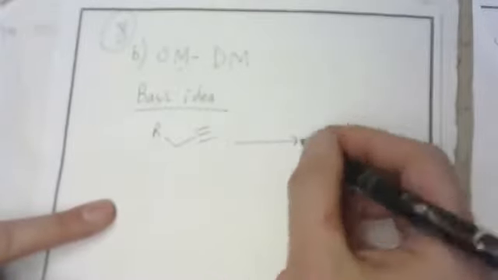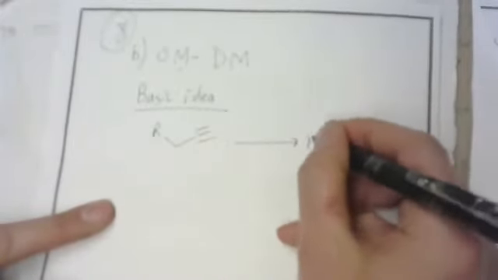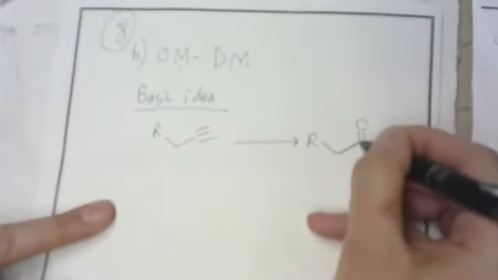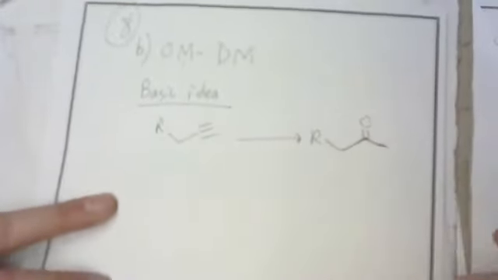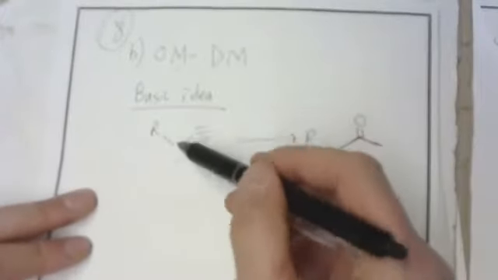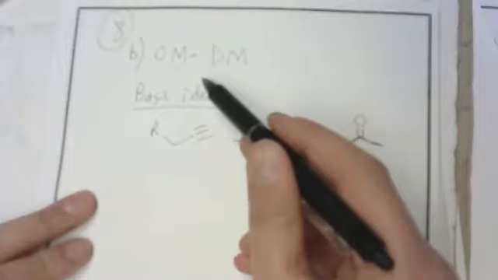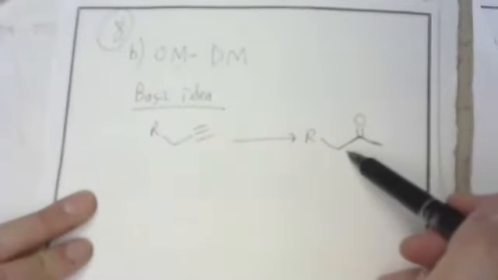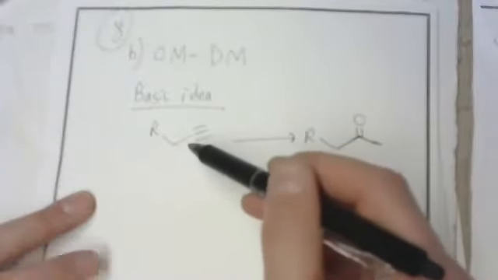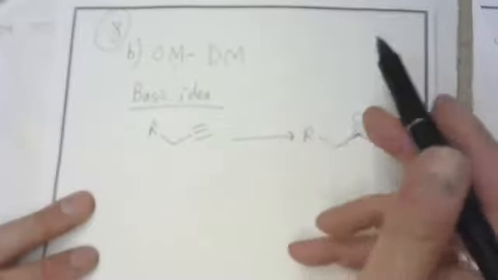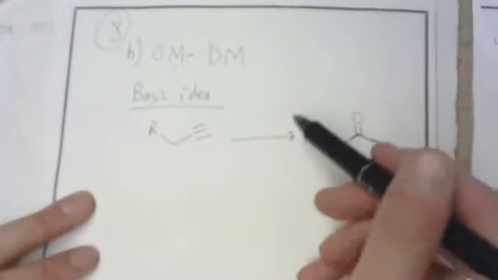Now, a couple of differences from alkenes. First, it doesn't make an alcohol, it makes a ketone. So we're going to make a ketone. Remember with alkenes, it made an alcohol, a Markovnikov alcohol. Alkynes make a ketone. That's one difference. Also, remember when we had alkenes, it was mercury acetate, HgOAc2.